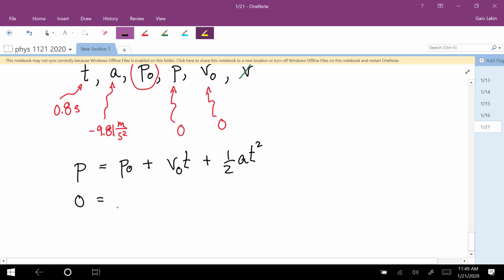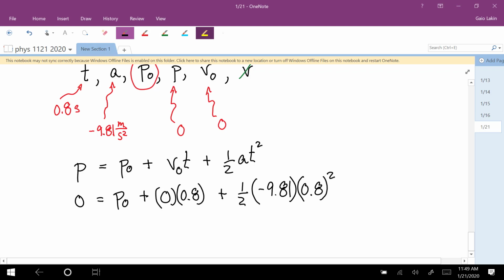So 0 is equal to P0 plus 0 times 0.8 plus 1/2 times negative 9.81 times 0.8 squared. Solve for P0 and you get 3.14.